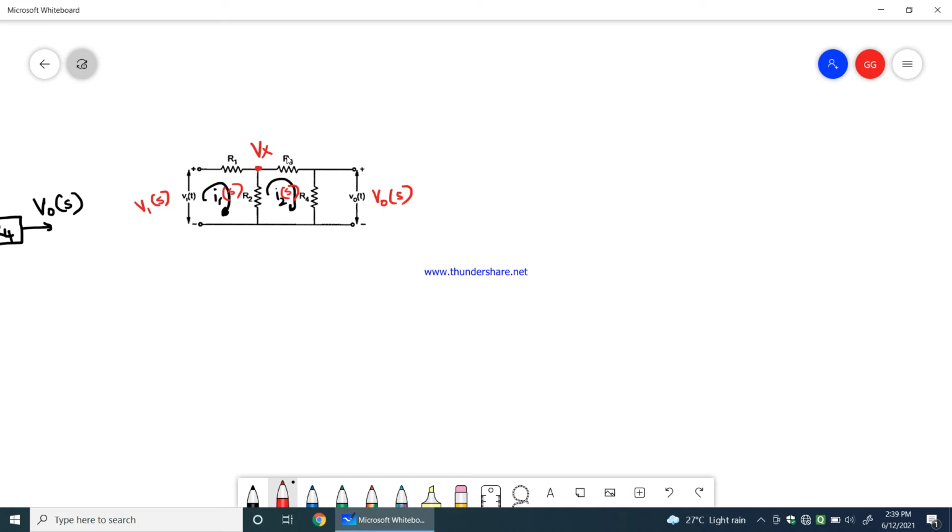Okay, now what is exactly I1? I1 is the current flowing through R1, right? Therefore, for simplicity, I'll write I1 of s as I1, and I2 of s as I2.